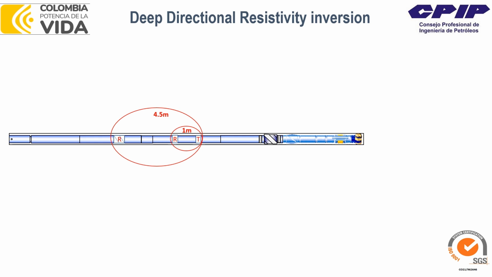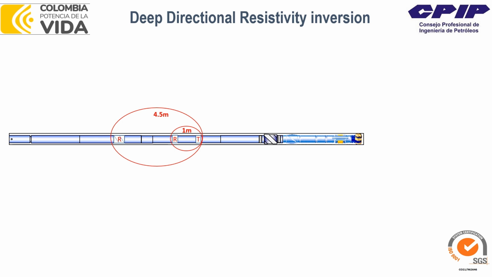They were all followed by Schlumberger, Baker Hughes, Weatherford and Halliburton, who also produced their tools for deep directional resistivity. They all been able, more or less the same, to see to a distance of 4 or 5 meters. So the absolute maximum is something like 6. So that was the first generation.